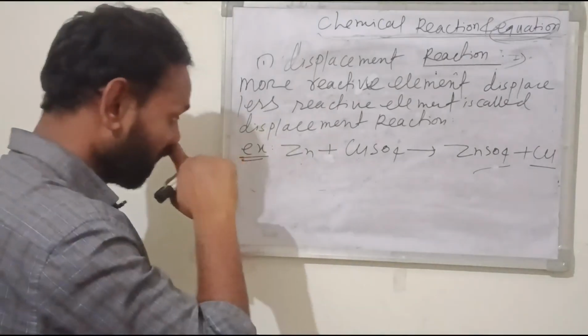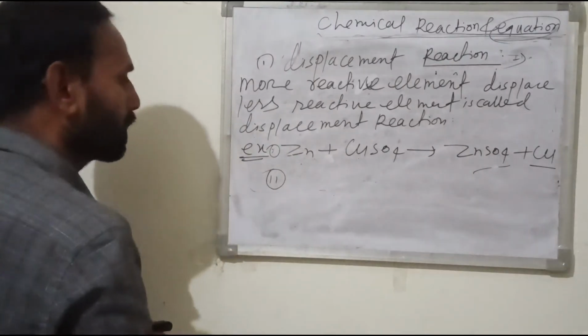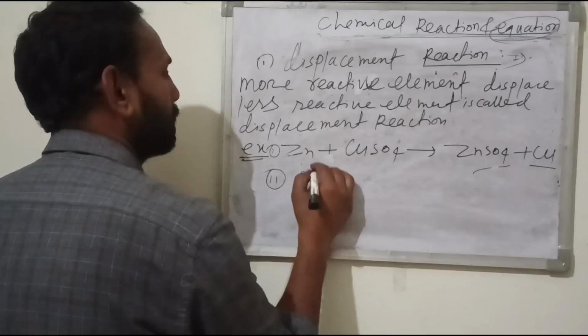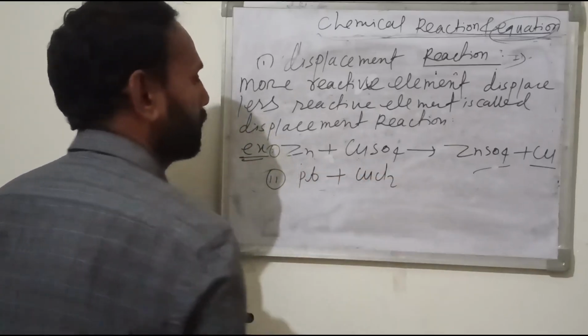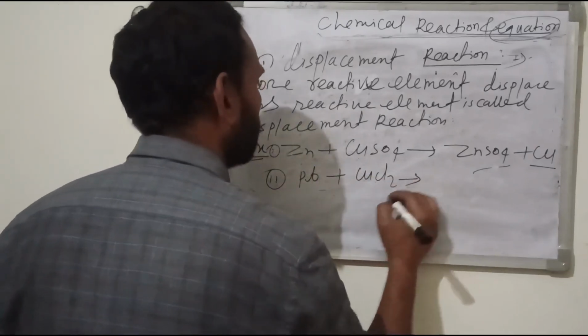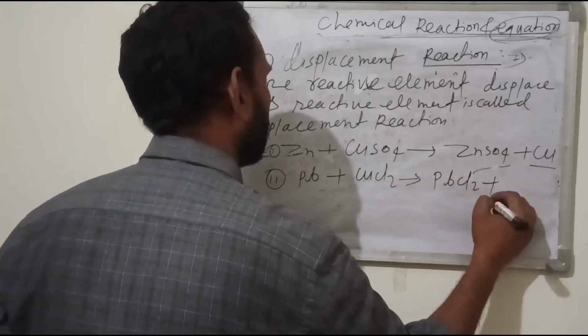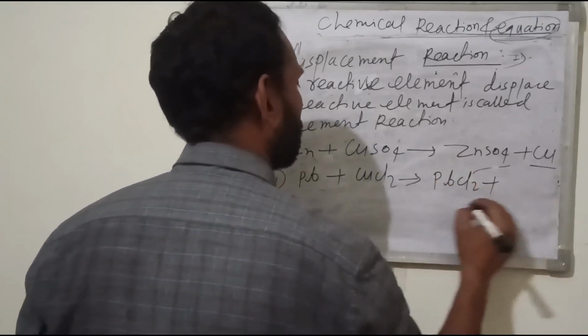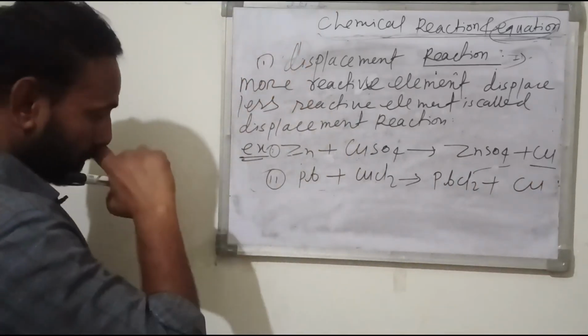Okay, and also you can take another example, lead and copper chloride. Okay, it will make lead chloride and copper.